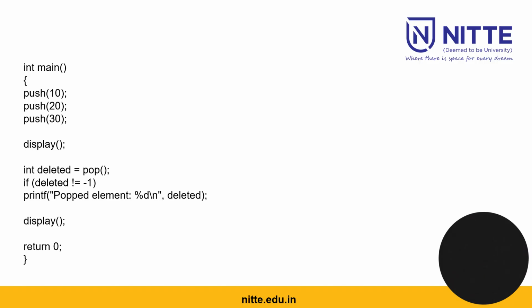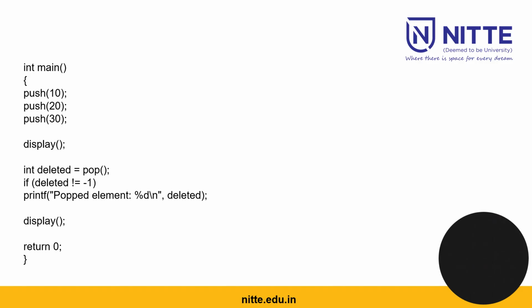It will be pointing at index 2 because there are three elements, and at that index the element stored is 30. So then it will go to the else part of the pop operation and it will pop that element, and that is taken as deleted here.